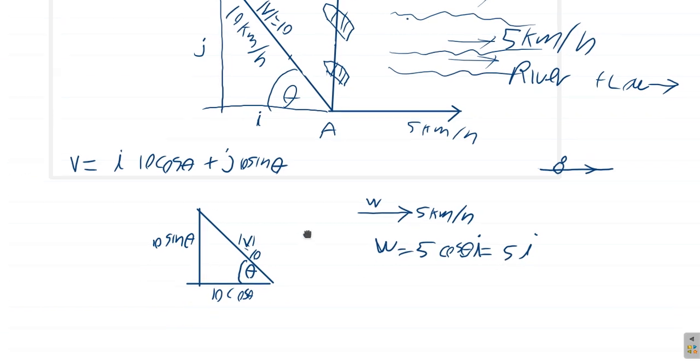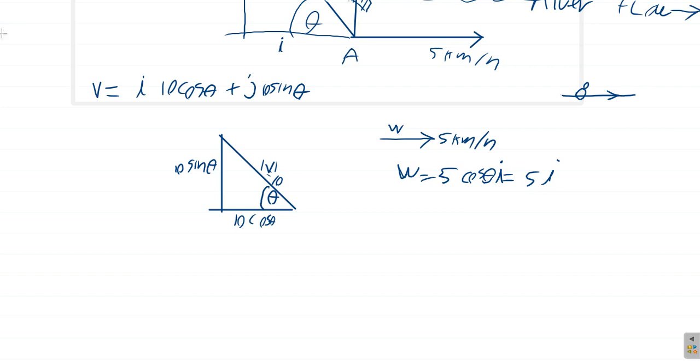So therefore, what you're going to have is 10 cos theta i plus 5i. Put the i's together, we're adding the two of them, plus 10 sine theta j plus 0j, because the flow of the river does not have a j.